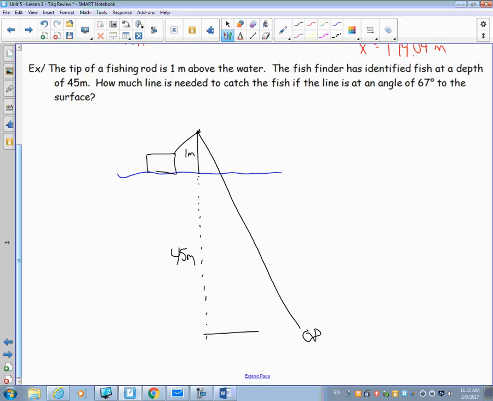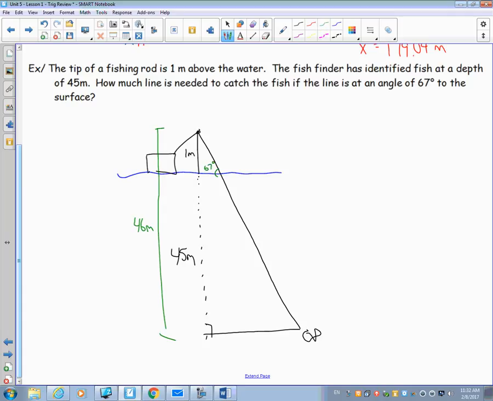Well, if I finish this, doesn't that kind of look like a triangle? What do I know about that triangle? Well, I know from the tip of the fishing rod all the way down to the bottom is actually 46 meters, right? The 1 meter above the water plus the 45 below. I also know the angle that the line hits the water is 67 degrees.